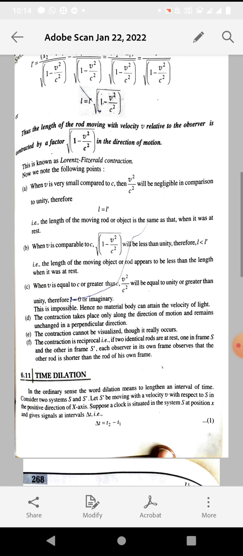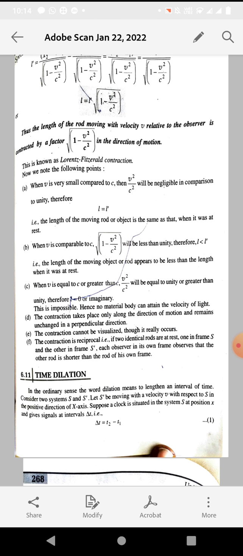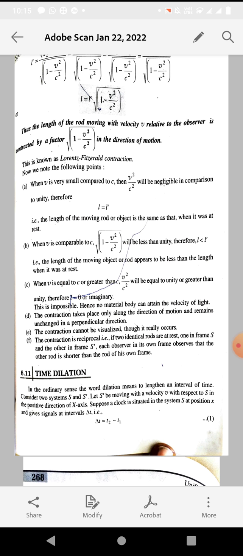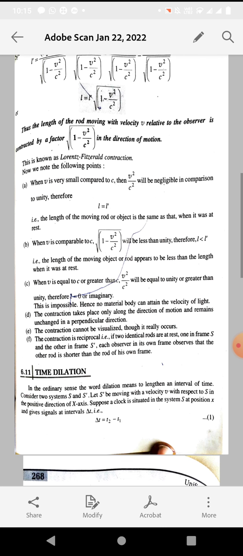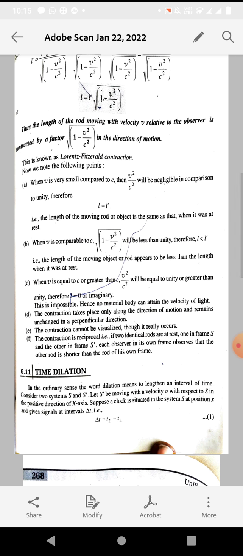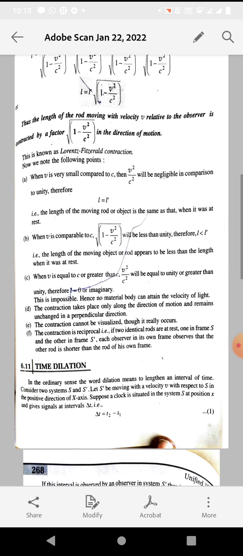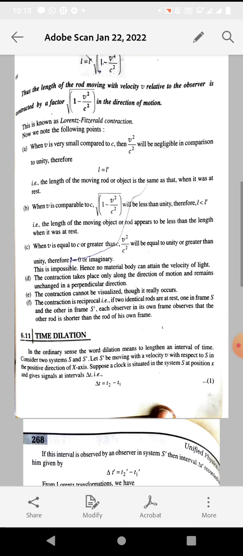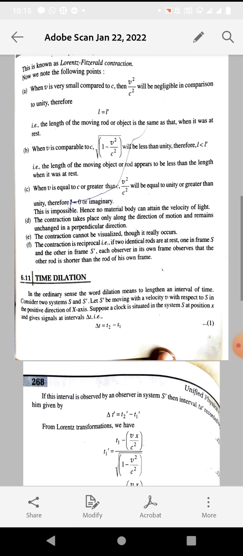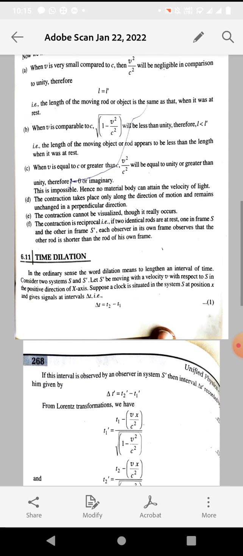When we keep watches in S and S dash, the S dash observer observes that the time in the S dash frame is greater, a lengthened time. This is the time dilation: time increases.